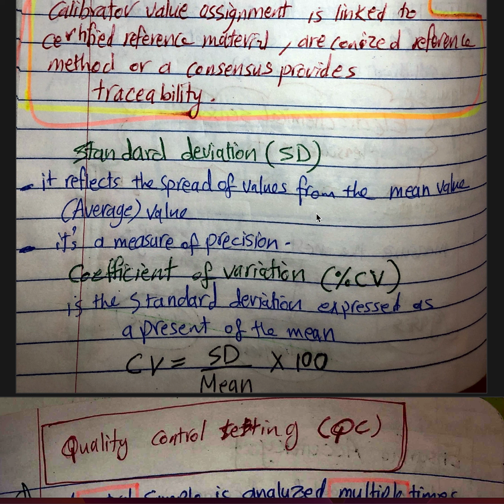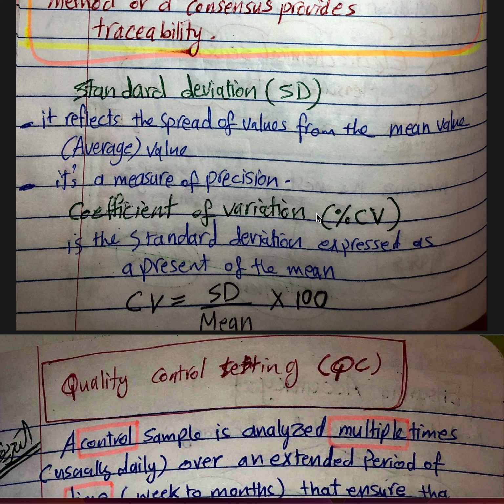It's a measure of precision. It's a very scientific method that we use in measurement, to see how accurate and how precise our experiment is. There is also something called the coefficient of variation, which is the standard deviation expressed as a percent of the mean.